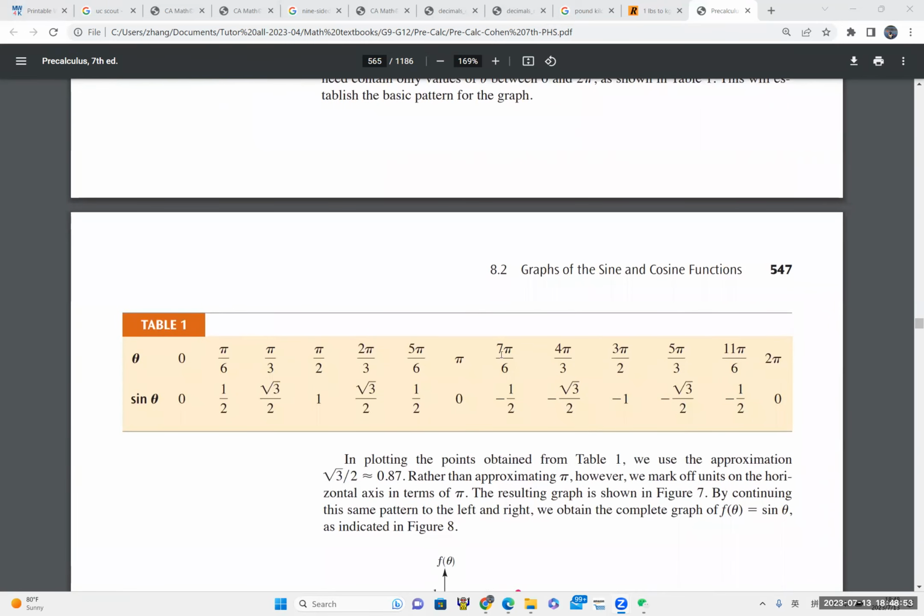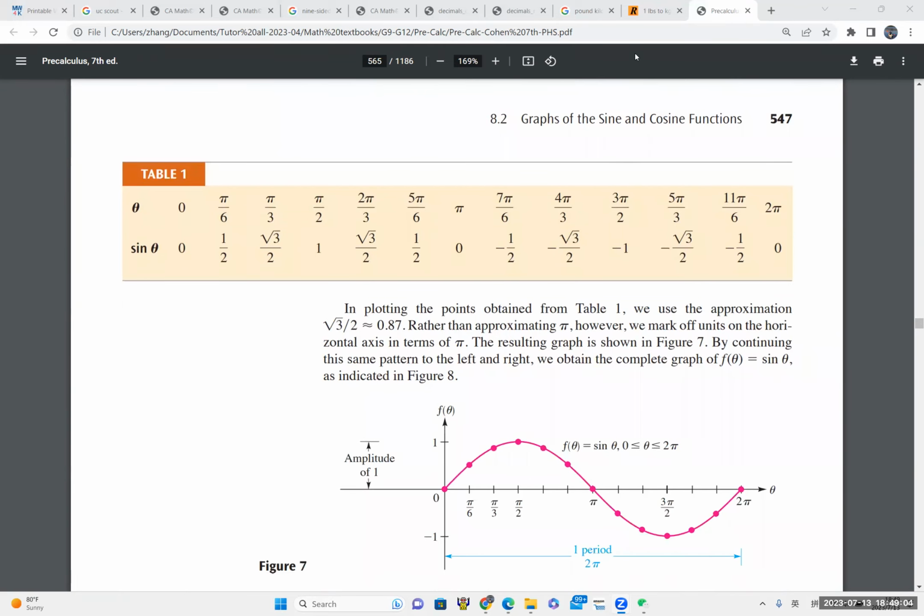I will see how they call the function. They still use theta as input, representing angle, right? But I suppose finally we'll just call it y equals sine x, like all the regular functions. This is input, this is output. They still use theta, which looks like an angle.